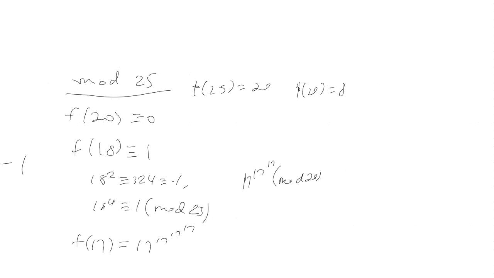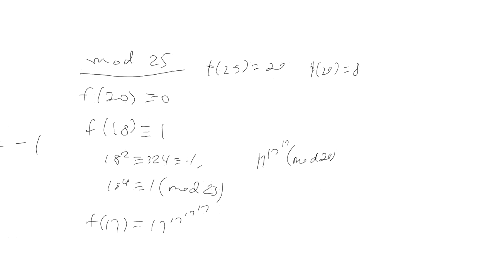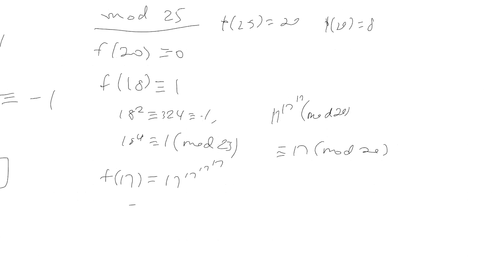So this above thing here, 17 is 1 mod 8. So this is just congruent to 17 mod 20. So this means that F17 is congruent to 17 to the 17 mod 25. And then this is just congruent to 22 mod 25 after some calculations.